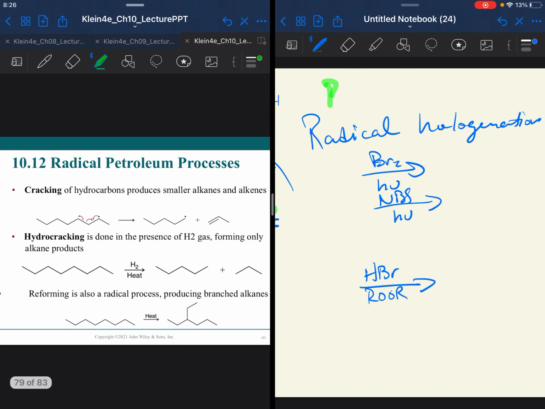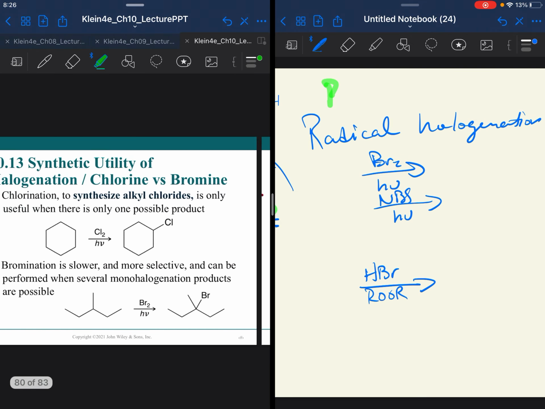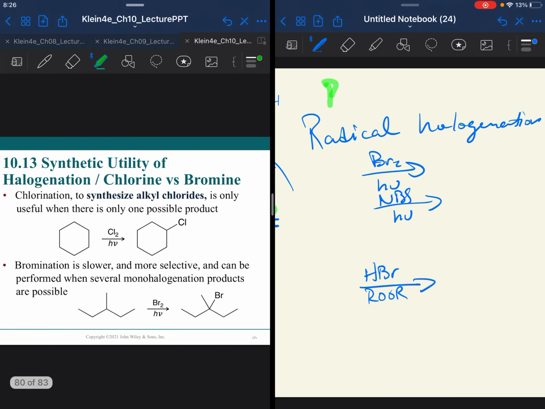If you are going into chemical engineering, polymer reactions might be more interesting for you, as well as the petroleum process. We are skipping 11, 12 as well. Interesting reading if you're interested. 10.11 and 10.12 are interesting reading, but you are not responsible for them.